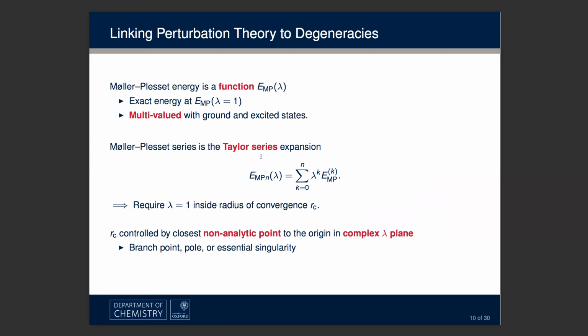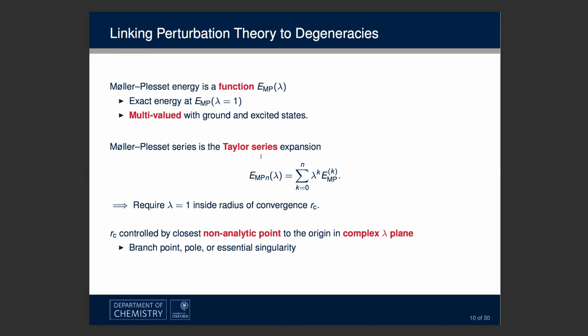Of course, our Taylor series expansion is only going to converge if lambda equals 1 is inside our radius of convergence. And we know that the radius of convergence is controlled by the closest non-analytic point in the complex lambda plane. This is usually the magnitude of the closest singularity, pole, essential singularity or branch point in the complex lambda plane.